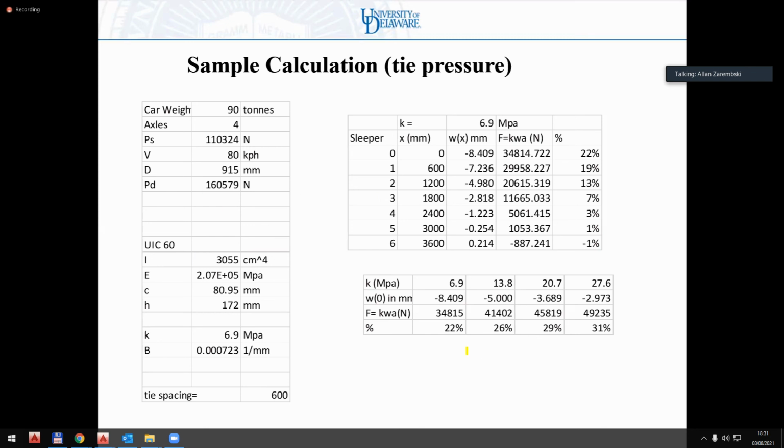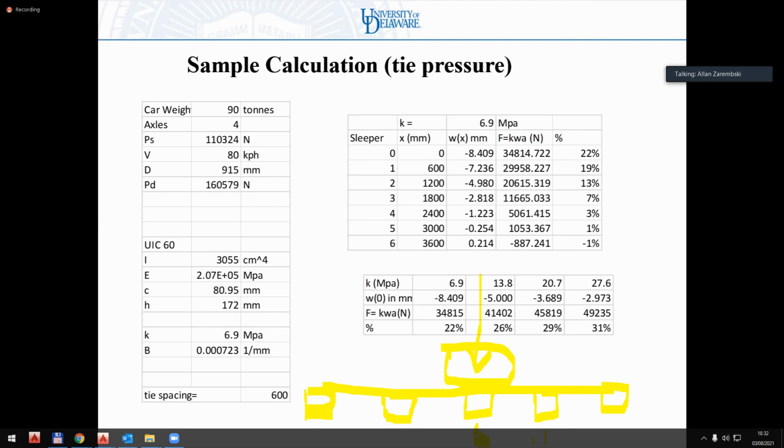Okay, so what happens is this. I have a wheel and I have a group of sleepers underneath the wheel. The point I'm trying to make here is this wheel's dynamic load is not carried only by this sleeper.